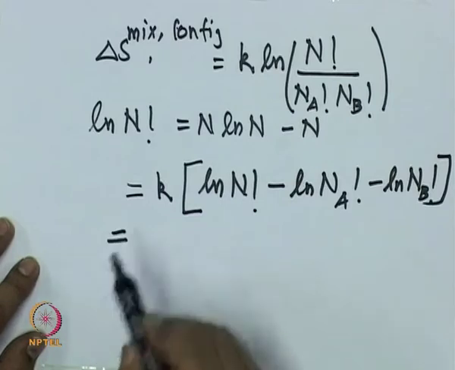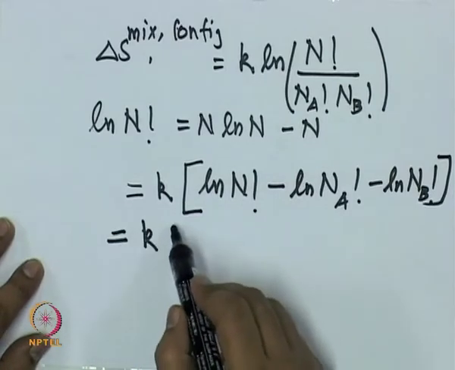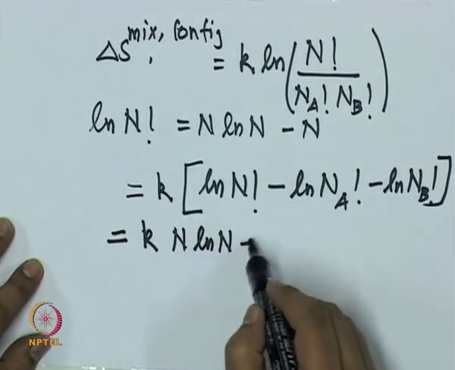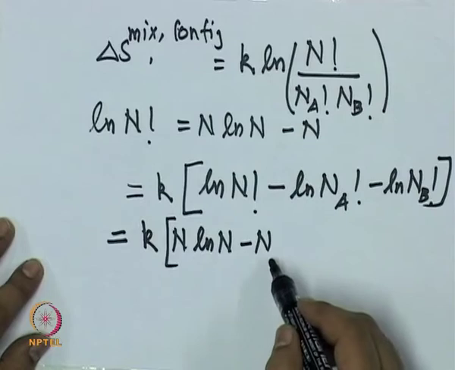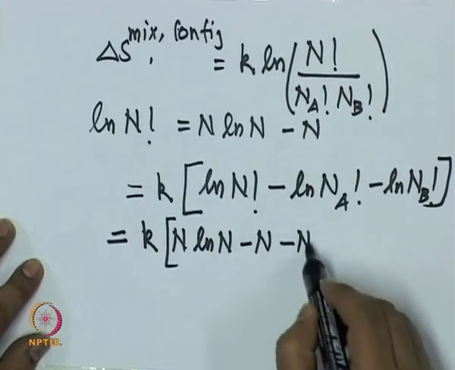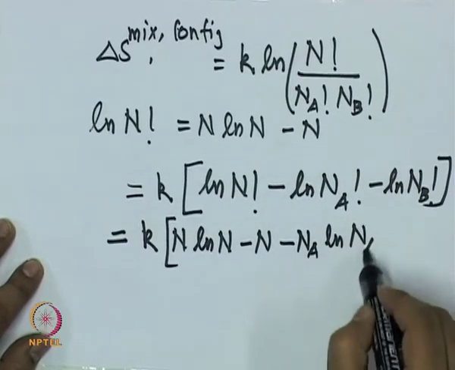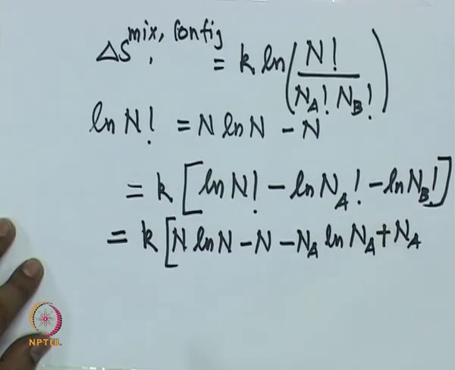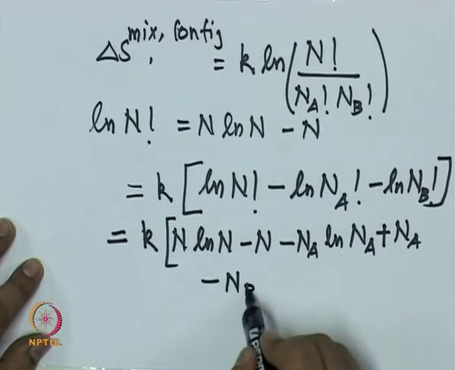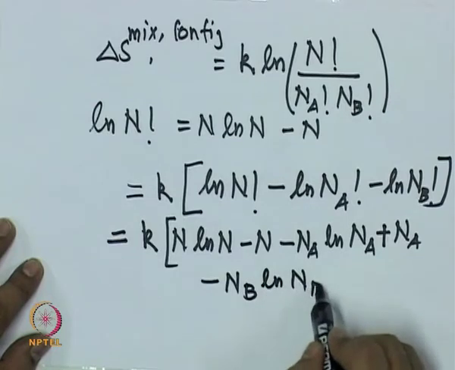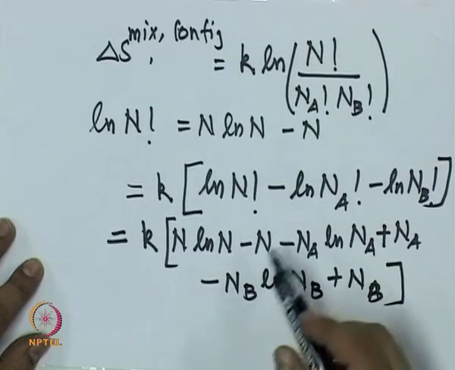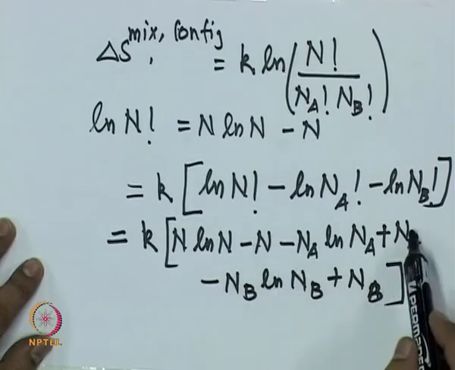Now, if we do this, then it becomes k times, by this approximation, n ln n minus n. There is a minus sign, so it becomes Na ln Na minus Na, plus, because there is a minus sign, and similarly it becomes Nb log Nb plus Nb. But remember, n is nothing but Na plus Nb.